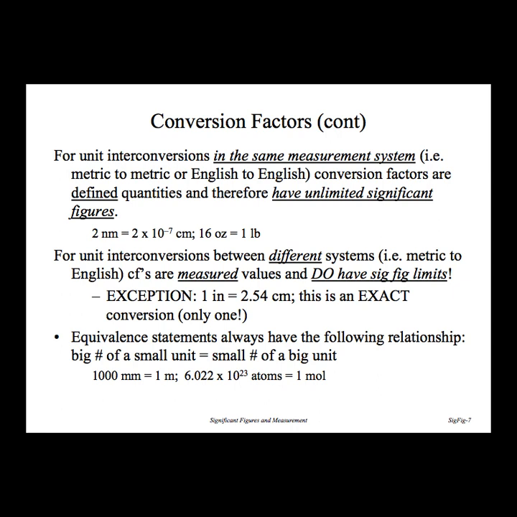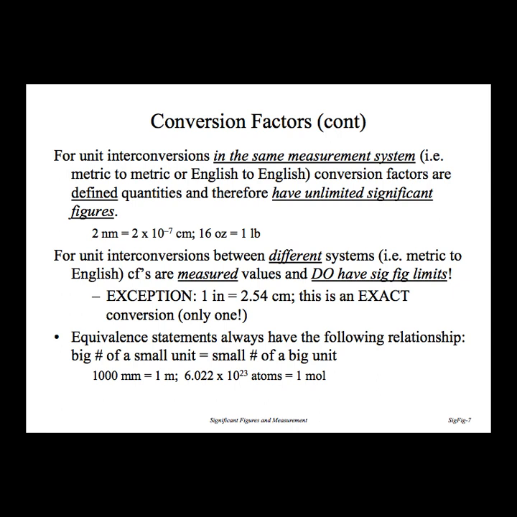That conversion is an exact conversion, and there are unlimited significant figures with it. Converting 16 ounces to pounds, 16 ounces is equal to 1 pound, so converting ounces to pounds is an exact conversion and has unlimited significant figures.